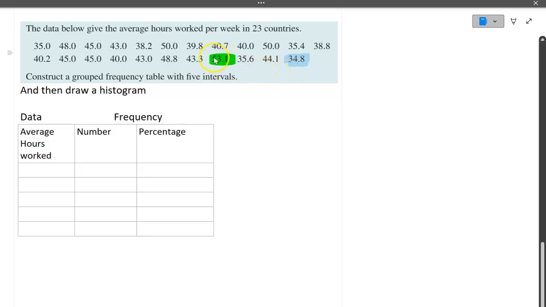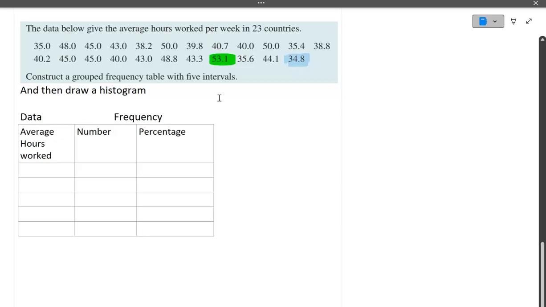And for 53.1, I can go 5 higher than that, and that will become 55. You can go in multiples of 10 also. So if I go in multiples of 10, the lower value from 34.8 will be 30 again, and the higher value from 53.1 will be 60, right?